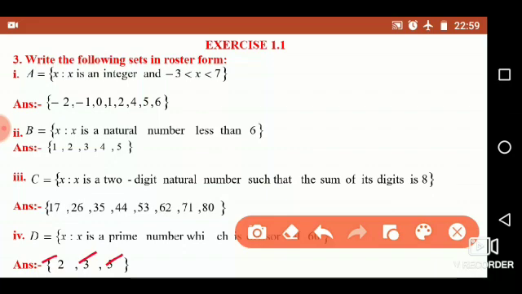Like 7 is a prime number, but it doesn't divide 60. Therefore, 7 is not a member of this set. Therefore, the given set is written in roster form. We have written the elements in a list separated by commas. Such form is called a roster form.